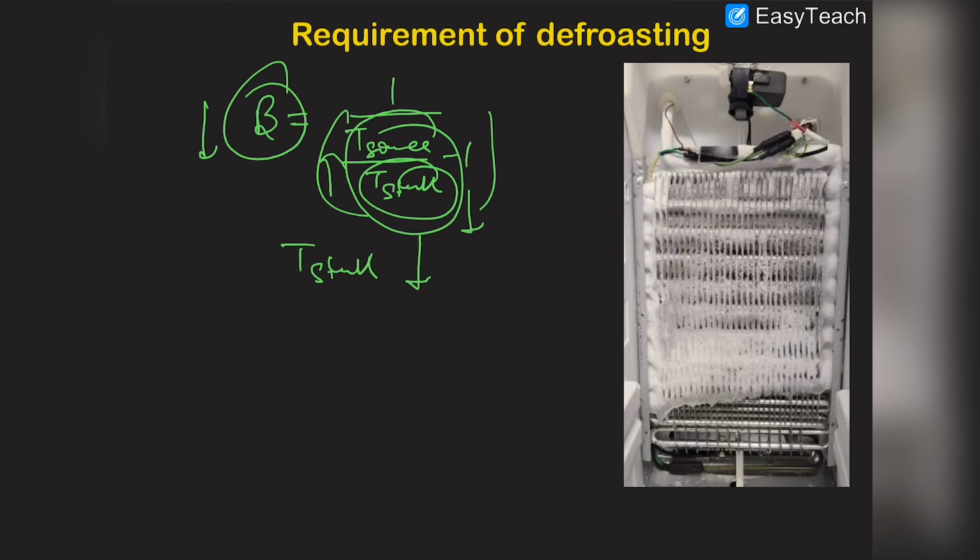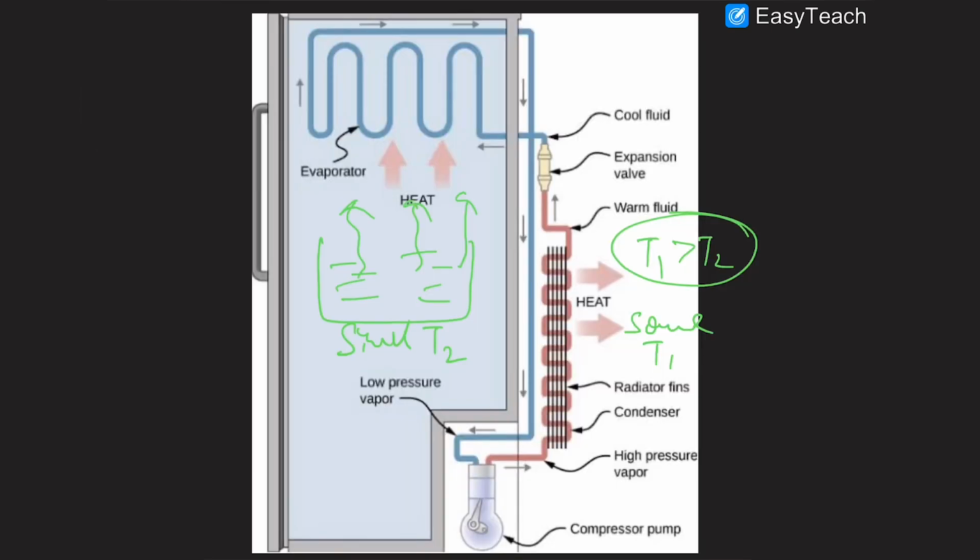You must have seen that there is a tray connected at the back of the refrigerator, and this tray contains that deposited water, which is continuously flushed out from the refrigerator.